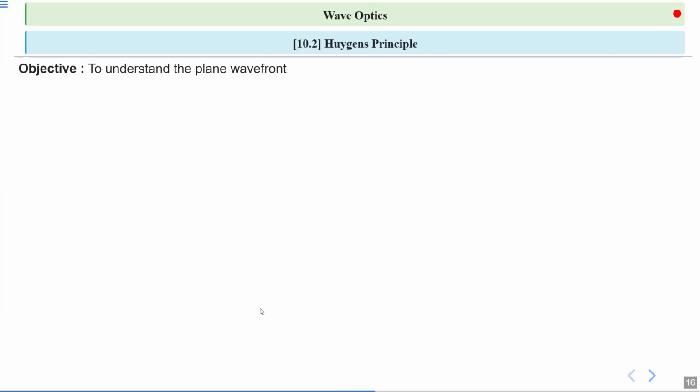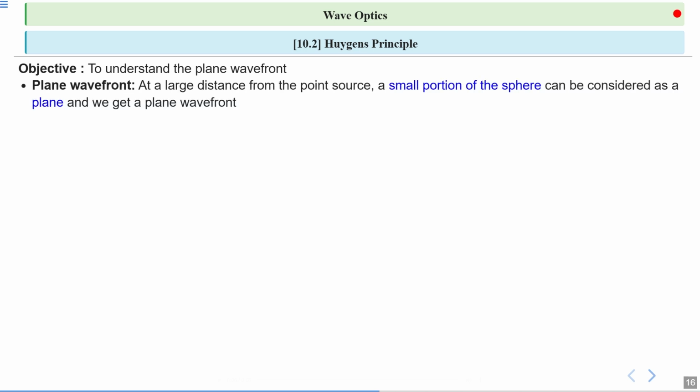So here our objective is to understand how a wavefront can appear flat under certain conditions. This is an important concept as it helps us simplify complex wave behaviors into more manageable forms. So let's start by defining what a plane wavefront is. Imagine a point source of light emitting waves.